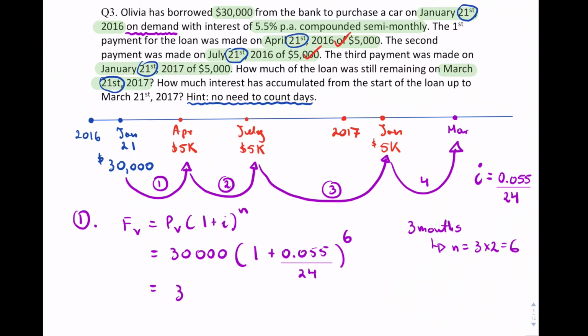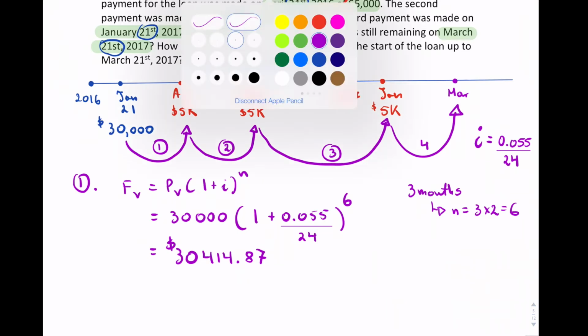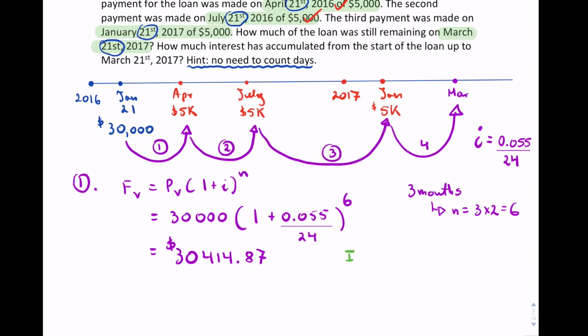So this is what we have. We have a little bit of interest there, and notice they do ask us for the accumulated interest. So here on the side I can write interest for the first one.